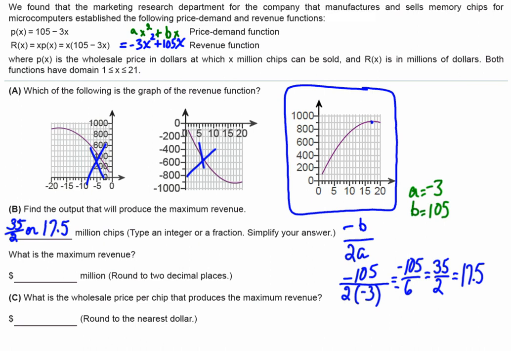What is the maximum? So I'm going to use that same formula that I have, the negative 3x squared plus 105x, and I'm going to replace x with 35 over 2.